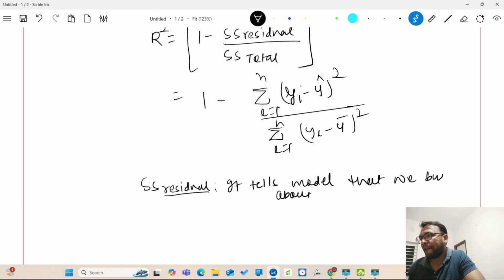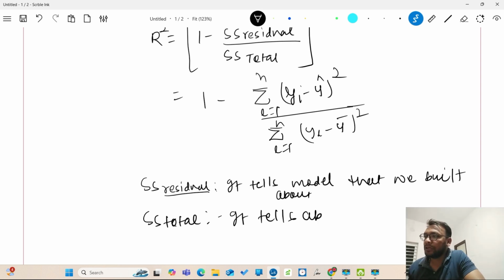And now SS total tells about the mean model. Okay, mean model means baseline model.